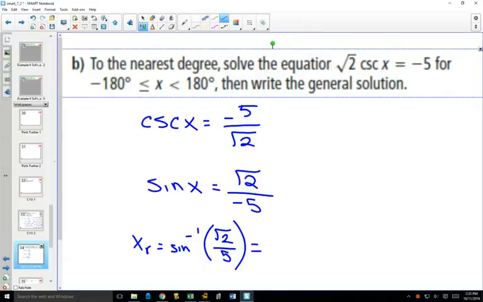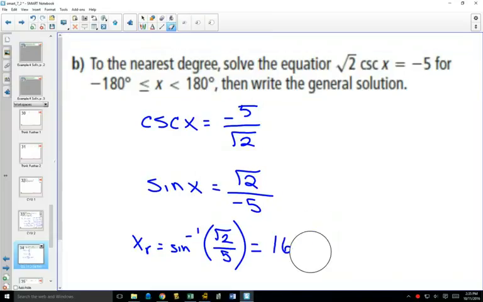Square root of 2 divided by 5. And we get 16.4 degrees. It says to the nearest degree, so to the nearest degree that would just be 16 degrees.